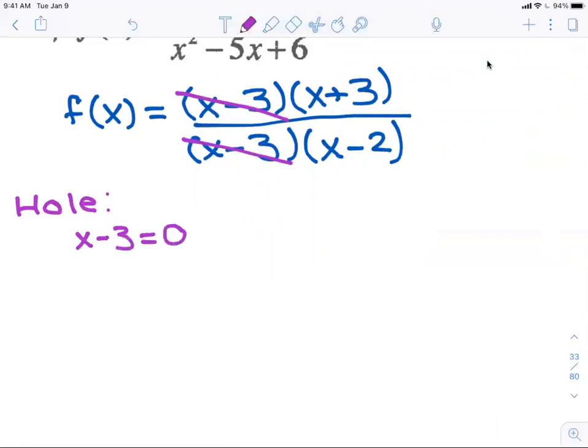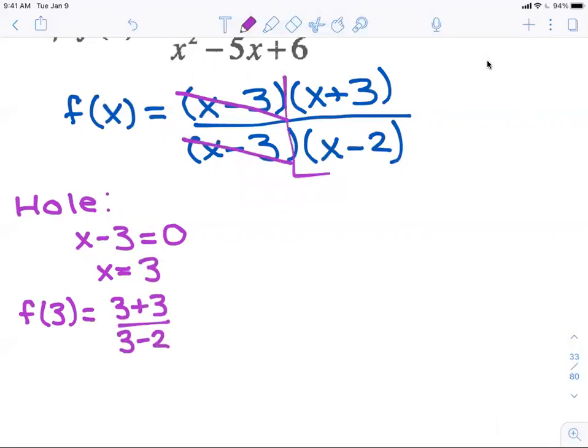So the first thing I'm going to go ahead and write down is my hole. Again, it's wherever they cancel. When you have a hole, you're going to go ahead and solve for the actual point. So your answer for a hole is a point. The factor that canceled was x minus 3. I'm going to add 3 to both sides. I get positive 3. That's just the x. Now I have to go ahead and plug it back in. So I'm going to plug f of 3 back in into the simplified form, the lowest terms. So I'm going to plug it into 3 plus 3 over 3 minus 2.